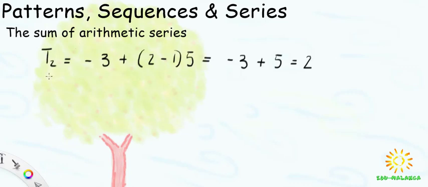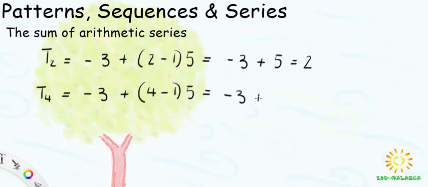We'll do the same thing we did for term number 2 and substitute in n is equal to 4. We'll have that T4, term number 4, is equal to negative 3 plus, open brackets, 4 minus 1 times 5. We'll simplify what's in the brackets. We're going to have negative 3 plus 4 minus 1, that's equal to 3, 3 times 5.